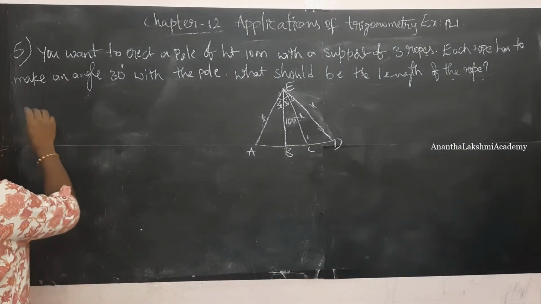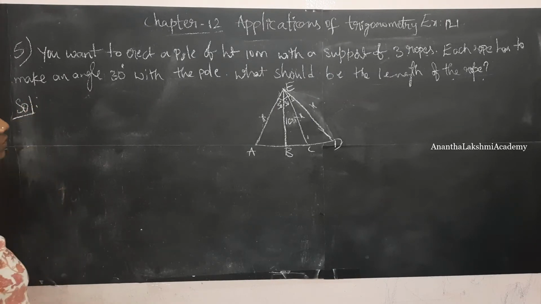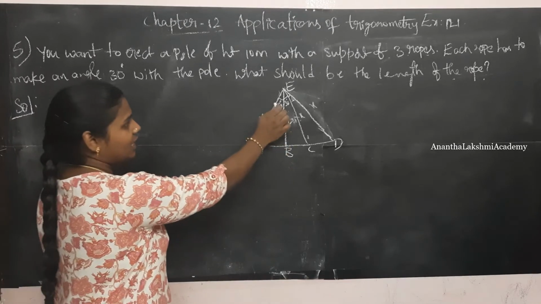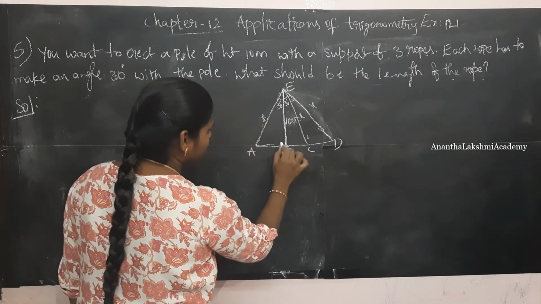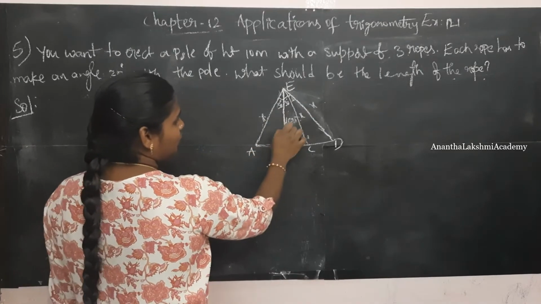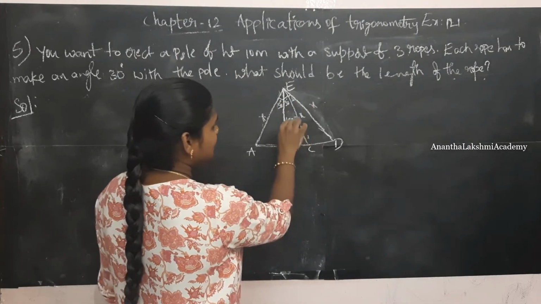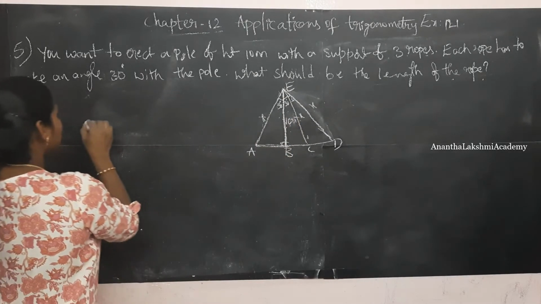Now, solution. Each rope has to make an angle of 30 degrees. Here we have 30 degrees. Here we have a right angle. So if you look at this, we have the adjacent side and the angle. What do we have with respect to the adjacent side?